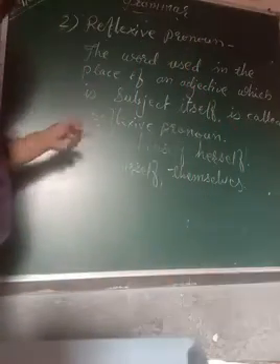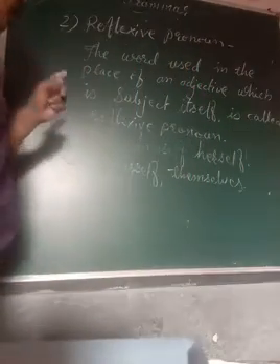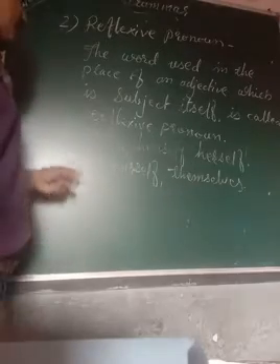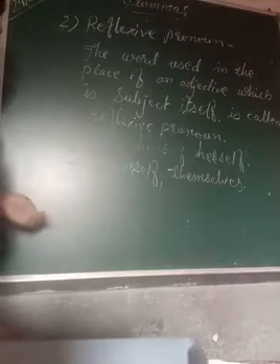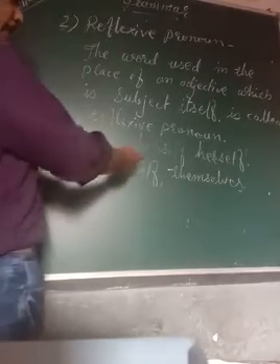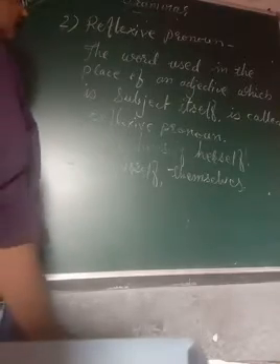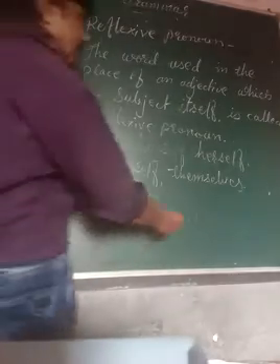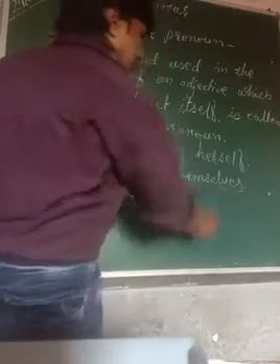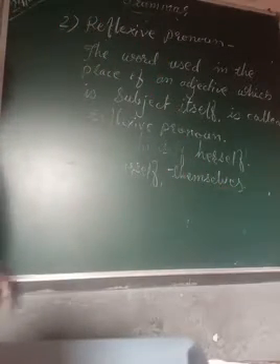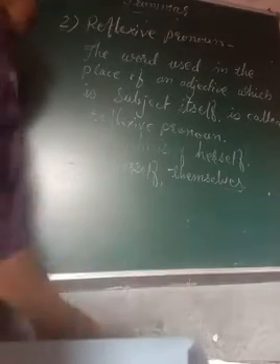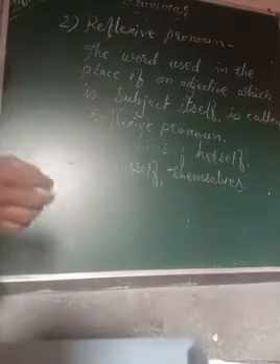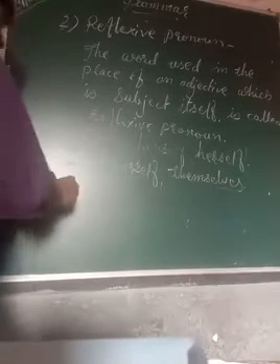Now you can see that self is actually added to every pronoun at the end. Okay, so they are called reflexive pronouns. And self, S-E-L-F, is used as singular reflexive pronoun. And when V-E-S is added to the pronoun at the end, it means that they are plural. Okay. So we are going to have some examples to make the idea clear.